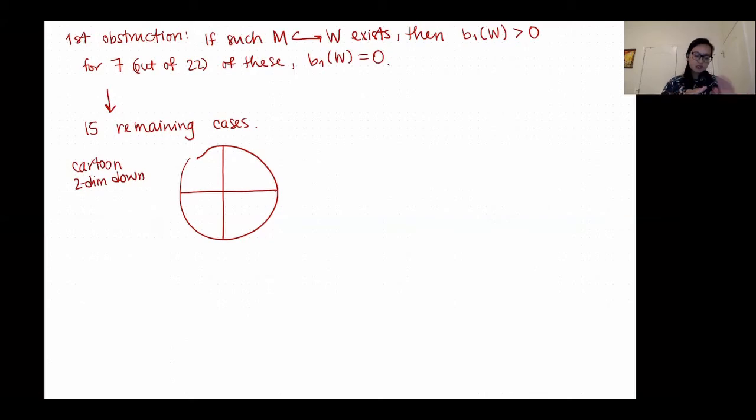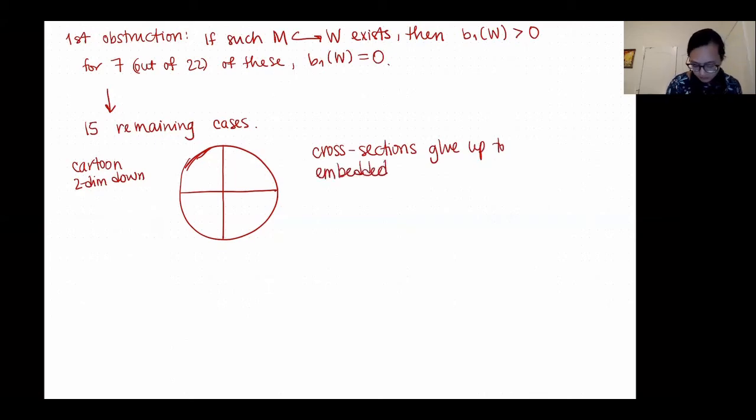Turns out that when we do these nice gluings that they studied, these cross sections glue up to embedded 3-manifolds. Okay, and Ratcliffe and Tschantz's work makes it possible to identify what these are.